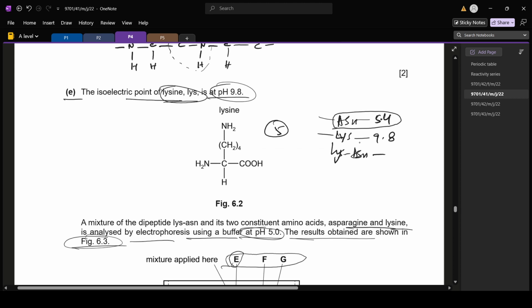Then you have lysine. Okay, there is a huge difference between the isoelectric point of lysine and the pH of the buffer solution, so it will form a positive charge.